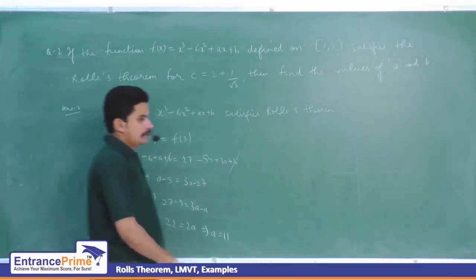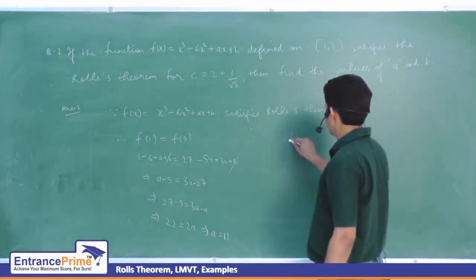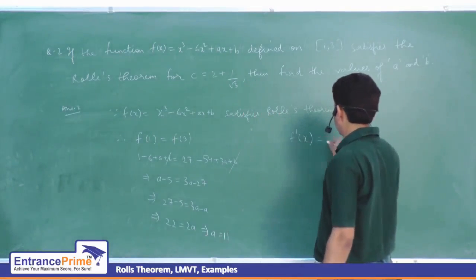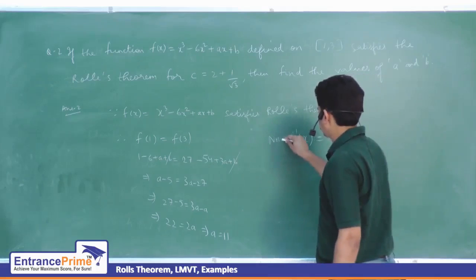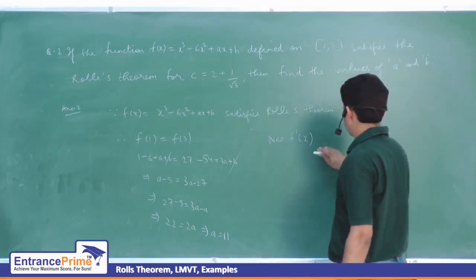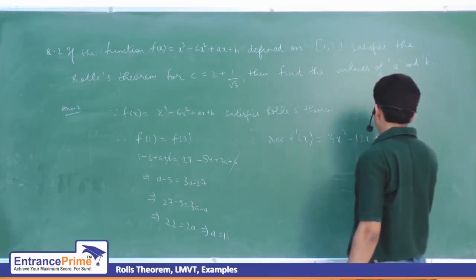Now, even though we are given the value of c, if you calculate f'(x), then f'(x) is 3x square minus 12x plus a.